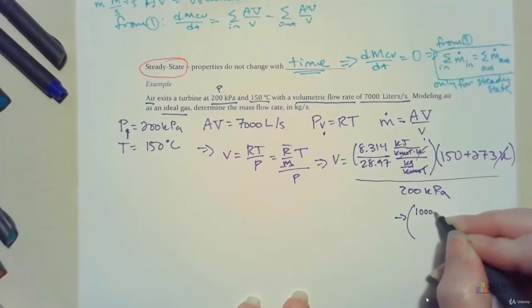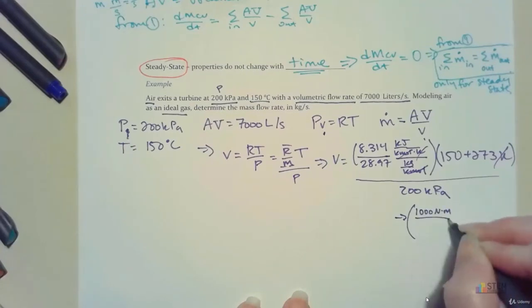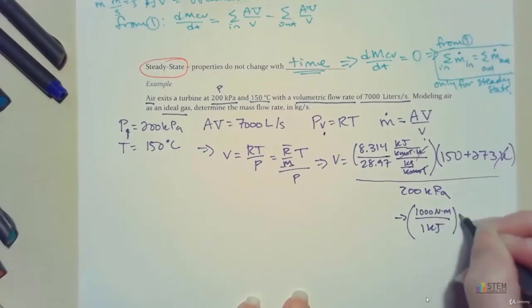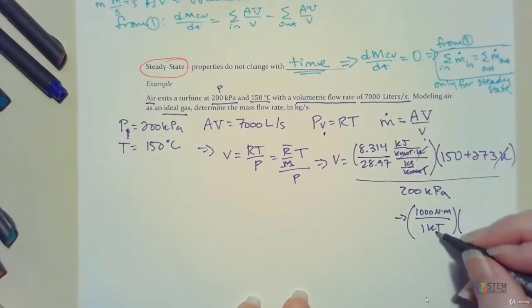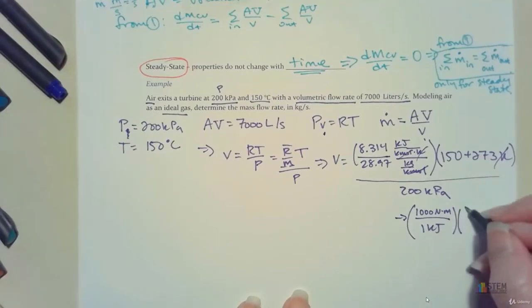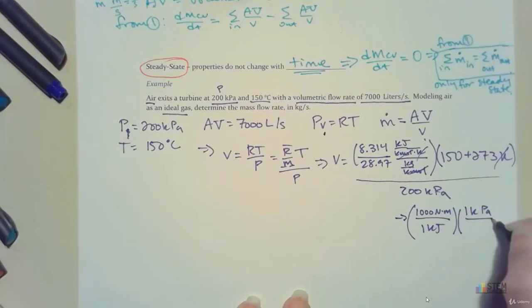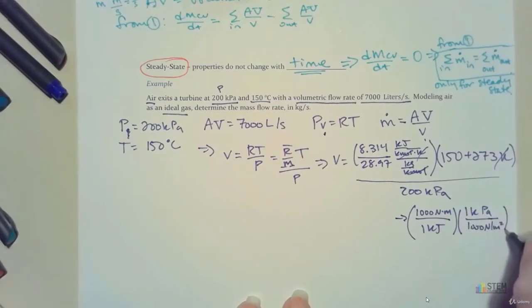So we got the 1,000 Newton meters per kilojoule. And then that gets rid of the kilojoule part. Then we're going to have the conversion 1 kilopascal per 1,000 newtons per square meter. Okay.